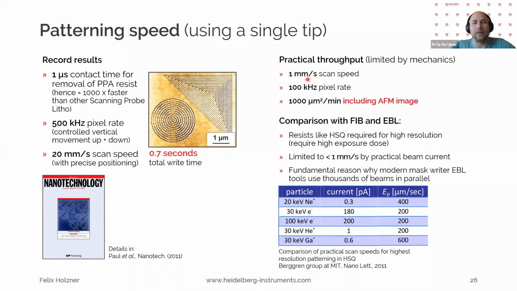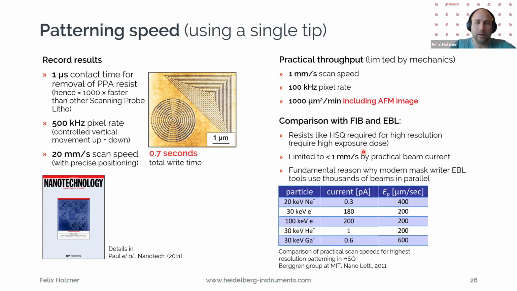We typically scan at a millimeter per second. In effect, if you pattern everywhere with around 50 nanometer resolution, you cover 1,000 square micron per minute. But the key thing is you also get an AFM image while you do the patterning. So later on you have one huge AFM image of all your pattern.